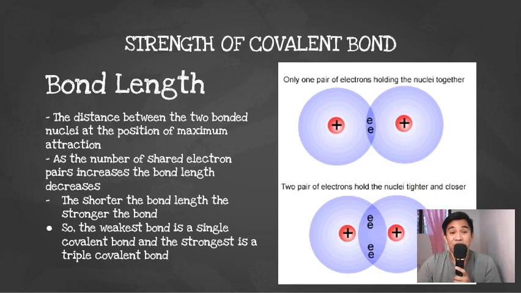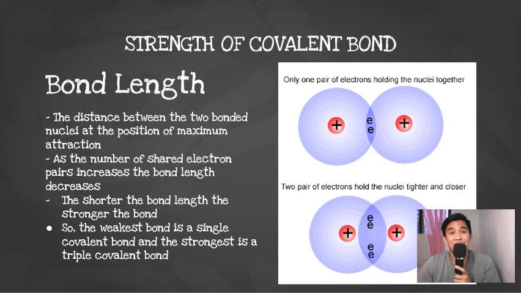And as the number of shared electron pairs increases, the bond length decreases. The shorter the bond length, the stronger the bond. So, the weakest bond is a single covalent bond and the strongest is a triple covalent bond.